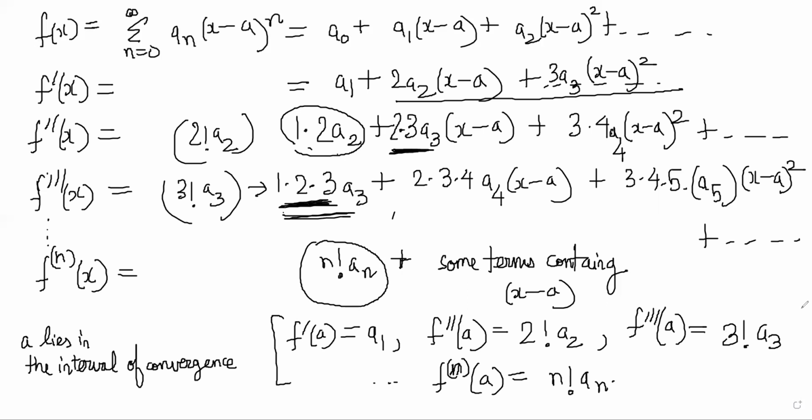So this now beautifully gives us the coefficients, right? So this gives us a1 is f dash a, a2 is f double dash a by 2 factorial, a3 is f triple dash a by 3 factorial, and an is basically f nth derivative at a by n factorial. So what we are getting is an is coming as f nth derivative at a divided by n factorial.